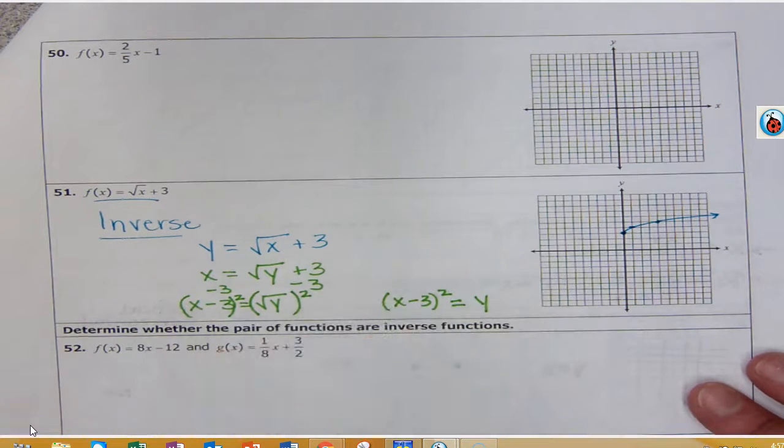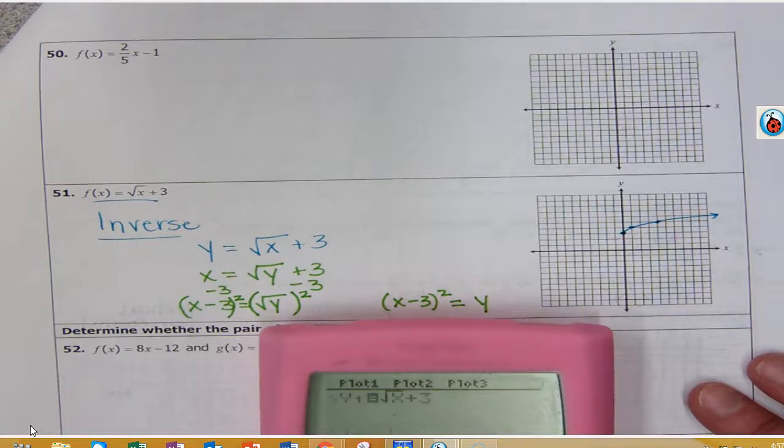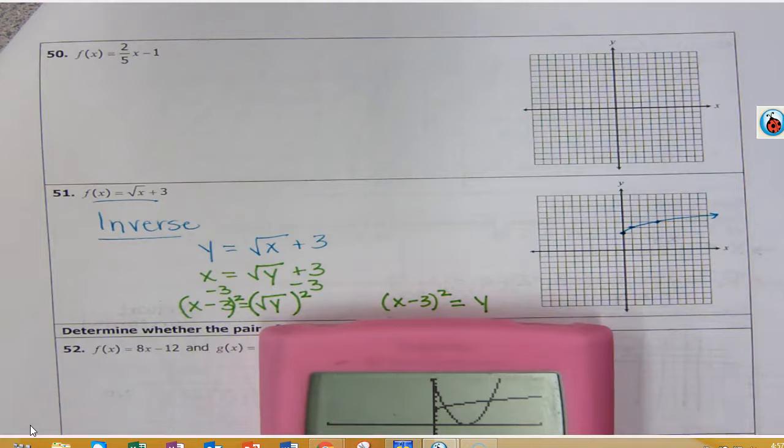So this becomes my new graph. So when I plug that in, x minus 3 squared, and graph that. There's my first graph, there's my second graph.